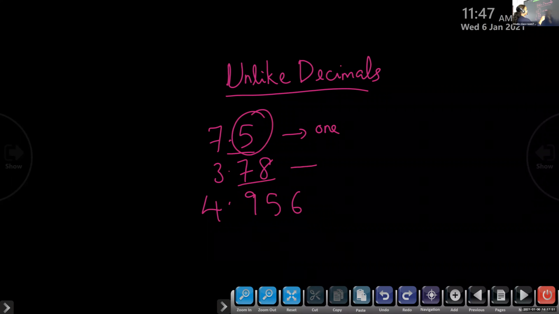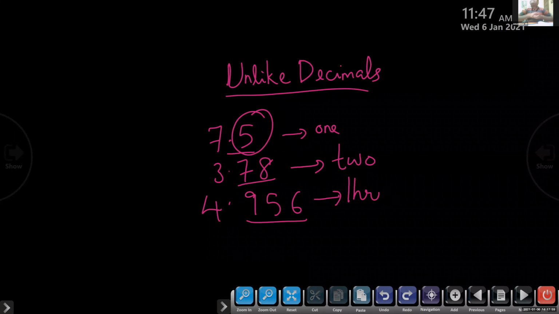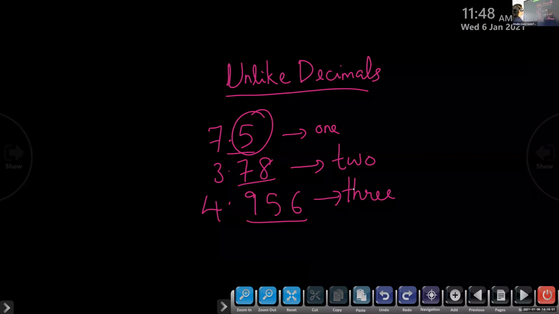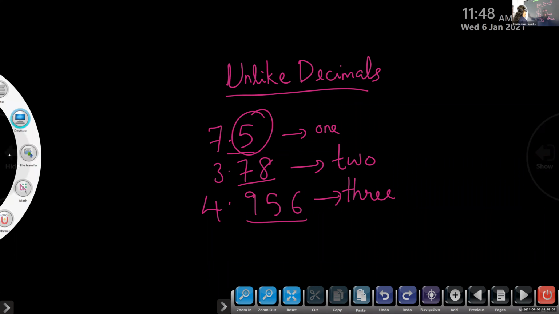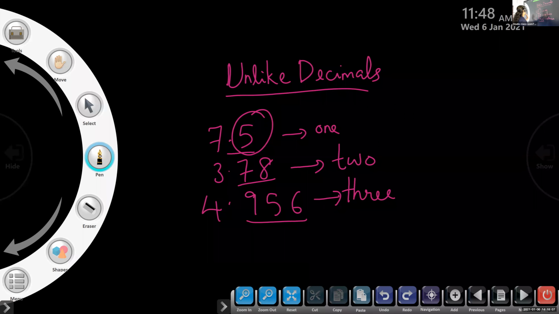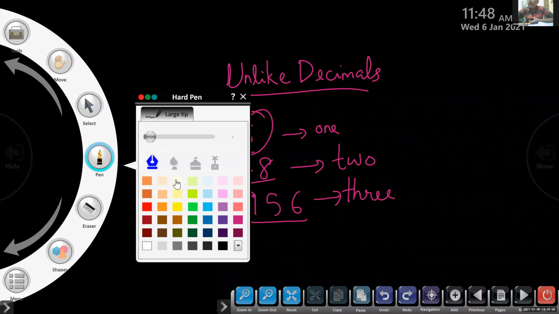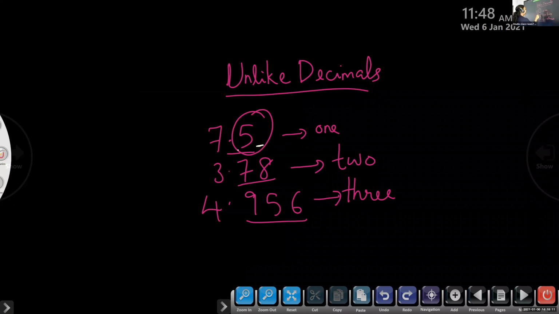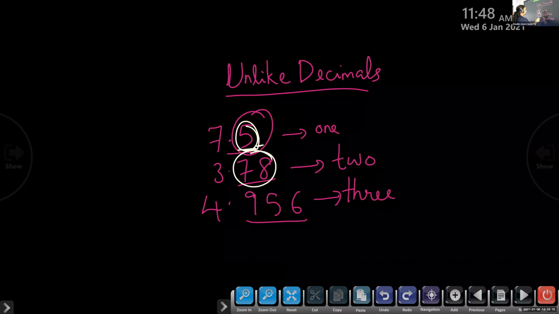Here how much we have? 2, ma'am. 2 decimal places. Here we have 3 decimal places. So they are unlike. Here we have only 1, here we have 2, here we have 3.